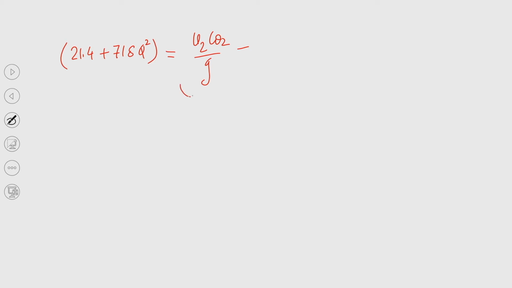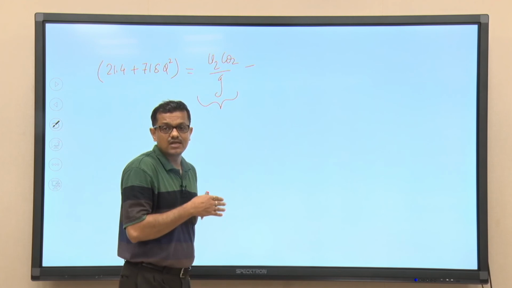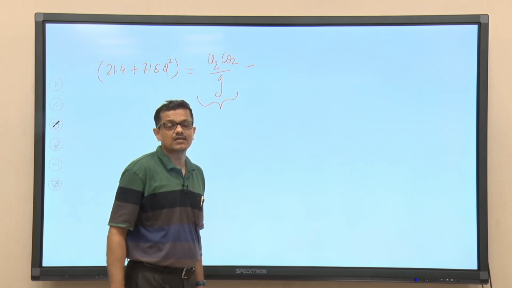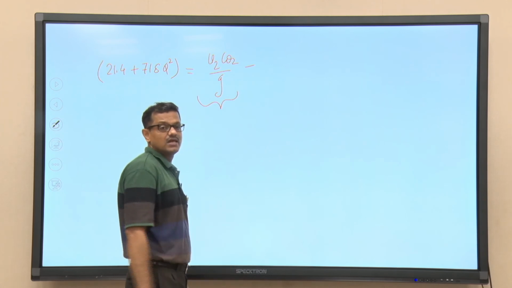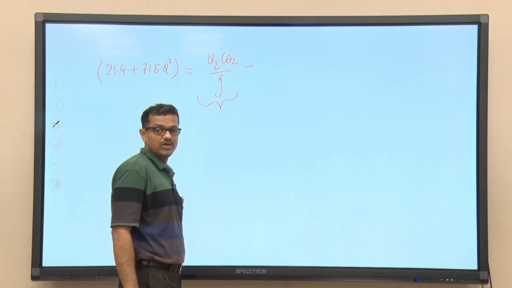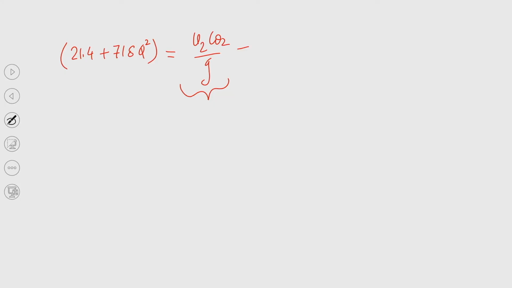This is the head we are going to get from this pump. The reason is very simple, that is already given: 50% of the velocity head will not be converted into the pressure head while the liquid passes through the volute casing. So, this should always be less than C2 square by 2g.